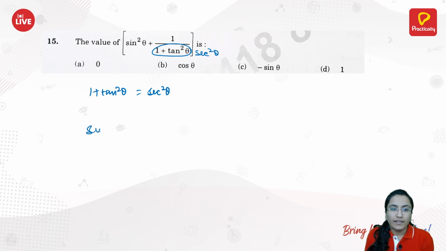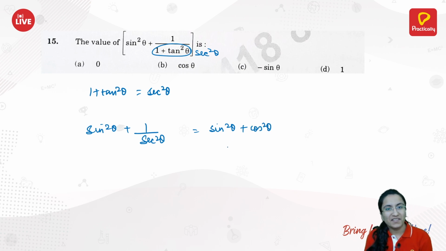So sine square theta plus 1 by secant square theta is what we are supposed to find. 1 by secant square theta is the same as cos square theta. Now you are left with sine square theta plus cos square theta, which is always equal to 1 using the identity. So that means option D is the correct answer.